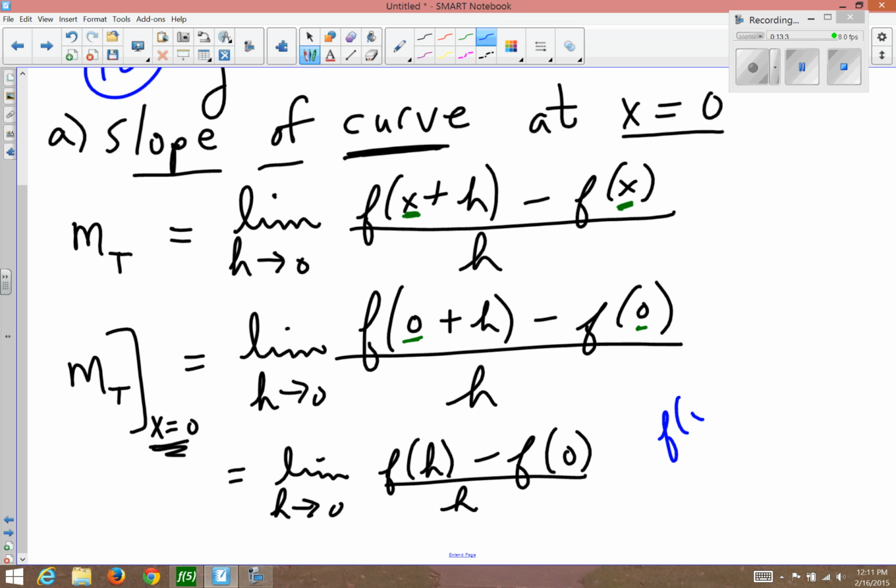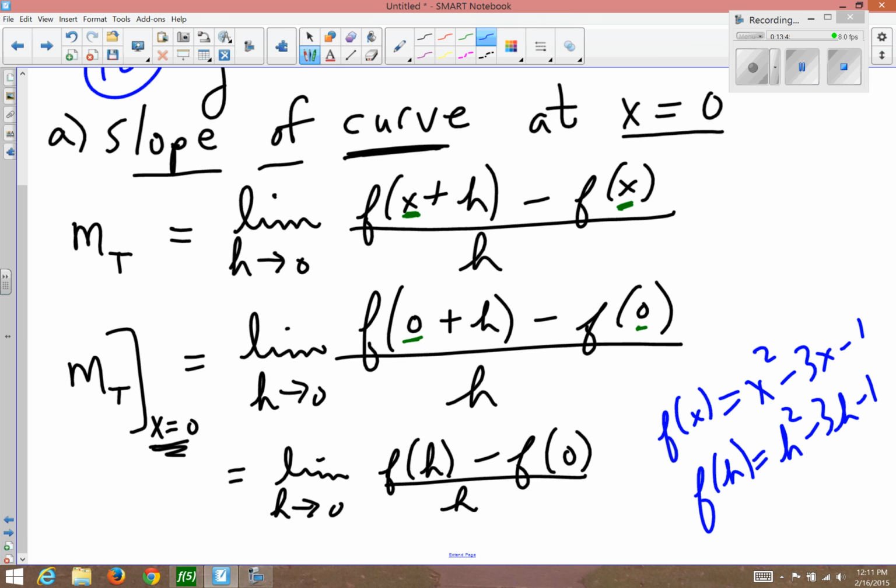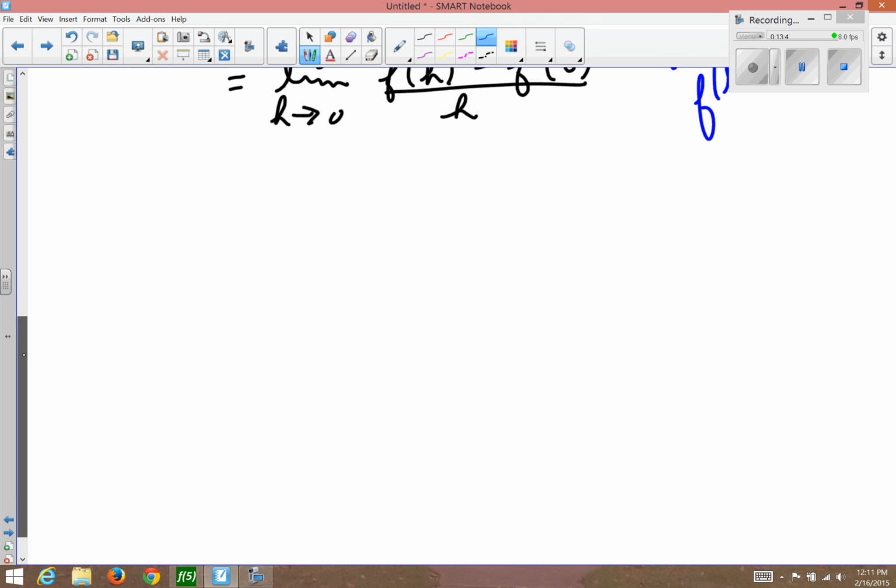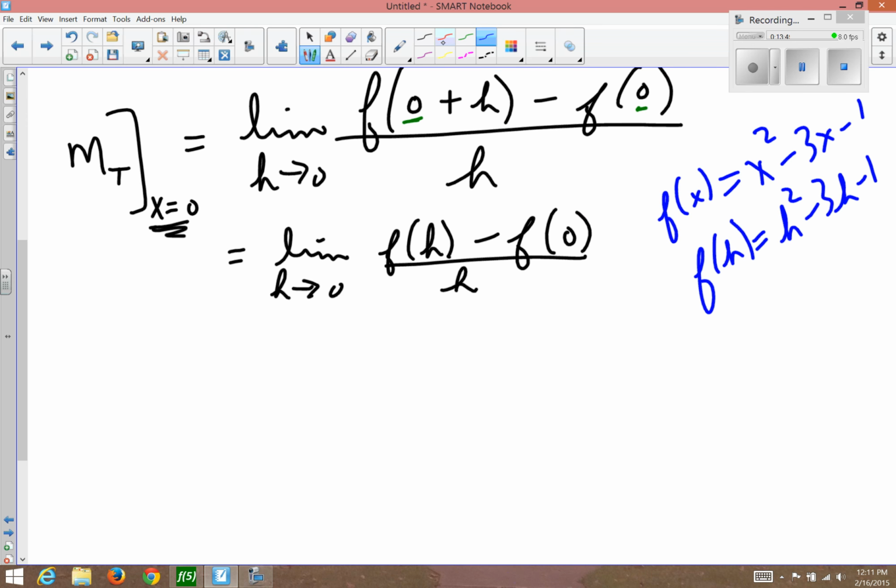Since f of x is x squared minus 3x minus 1, f of h just means h squared minus 3h minus 1. Limit as h approaches 0.